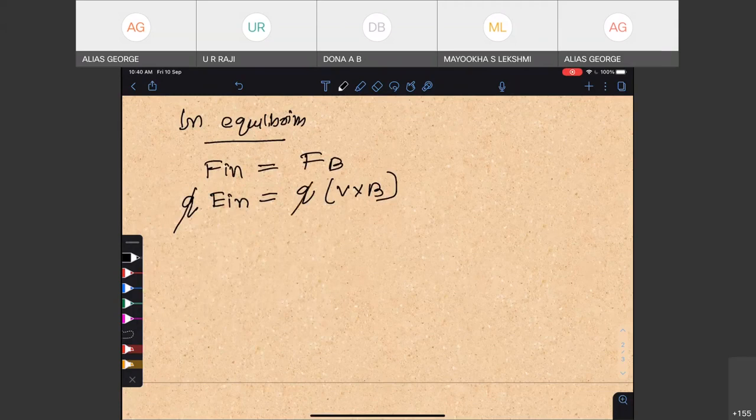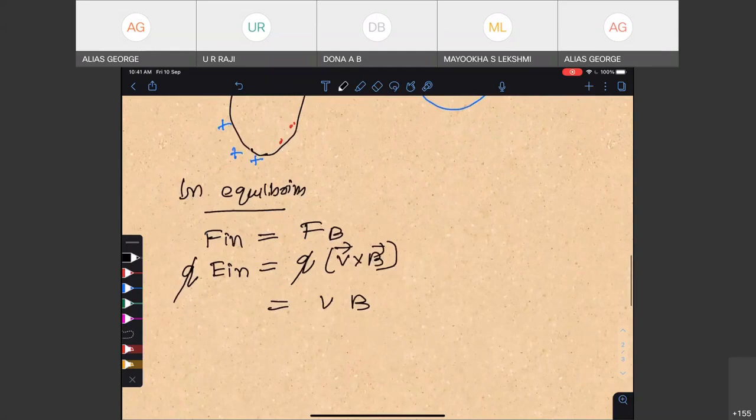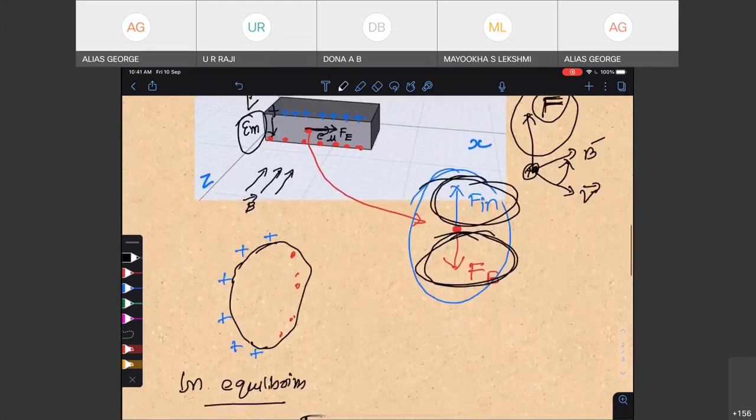So I cancel these two equations and the Q, and we get VB. We don't need the cross product, as we assumed these directions. So it is VB, and please note that it is not the voltage, it is the velocity. And this is the induced electric field.